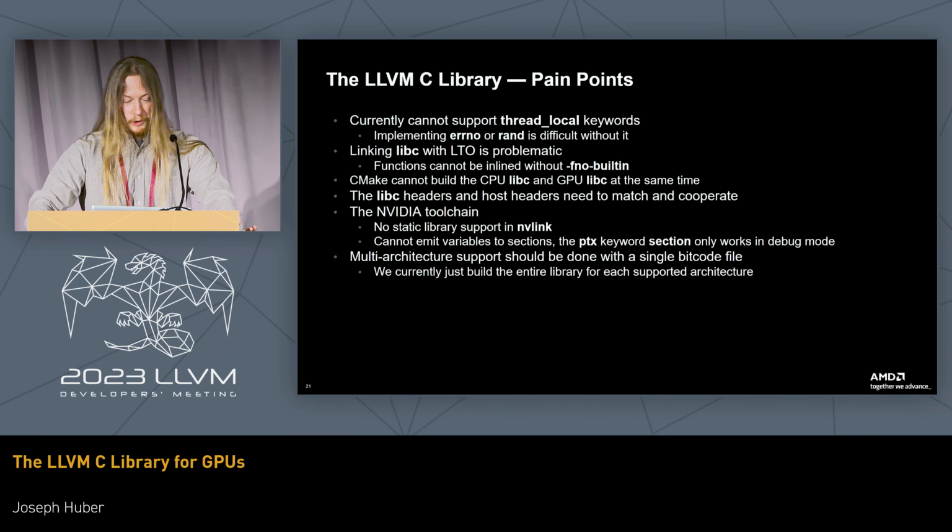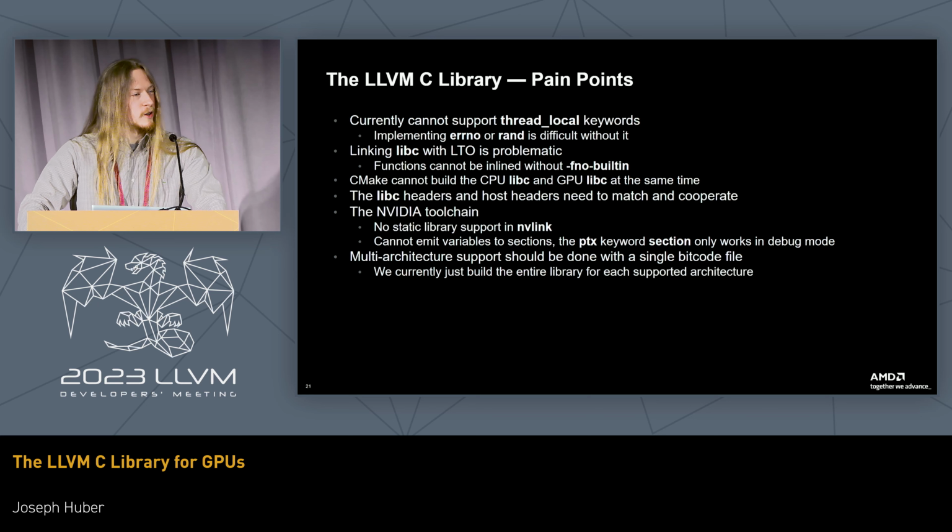So can this library be used from both host and device code? Repeat, please. So you showed that this was ported to GPU, which is fine. But in CUDA code, there is some host code and there's some device code. Okay, so I actually forgot to mention this: the libc headers and host headers need to match and cooperate.